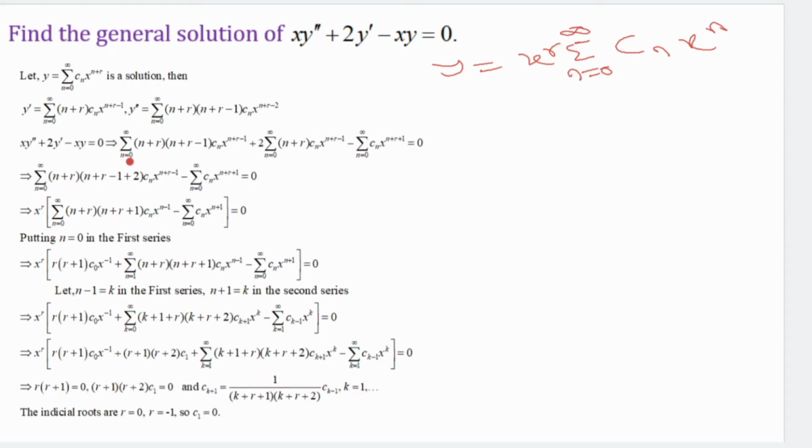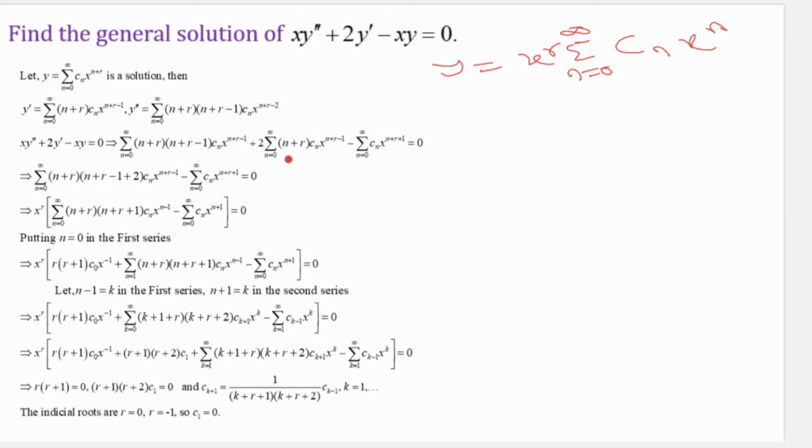So we get summation n equal to 0 to infinity n plus r minus 1 Cn x power n plus r minus 1, because we multiply by x, that's why the power is n plus r minus 1. So the power 1 is reduced, and here 2 is 2.